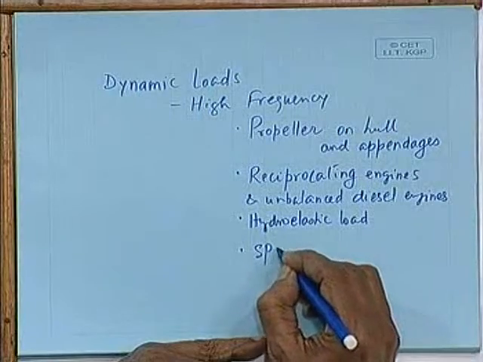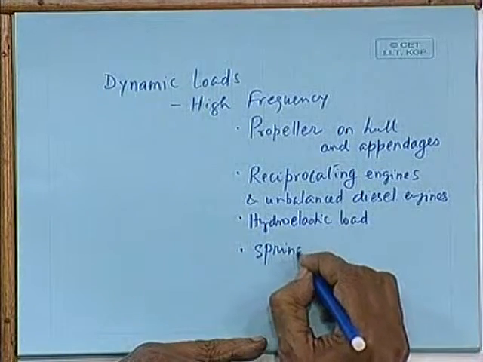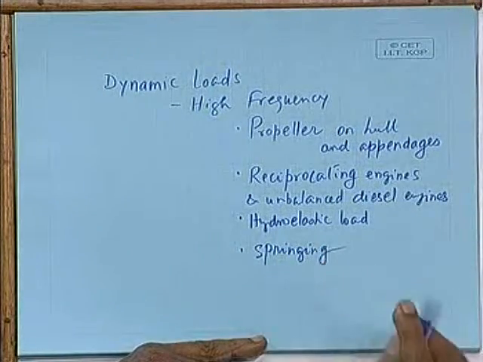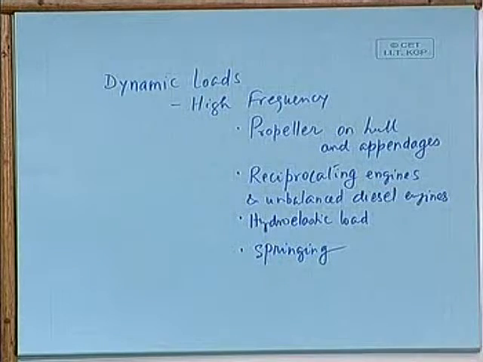Then you have a large amount of dynamic loads coming up, with high frequency oscillation. This is normally called springing. And this affects the whole ship. So these are dynamic loads of high frequency.